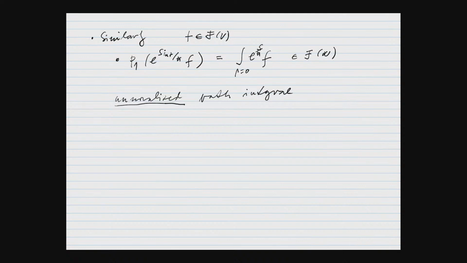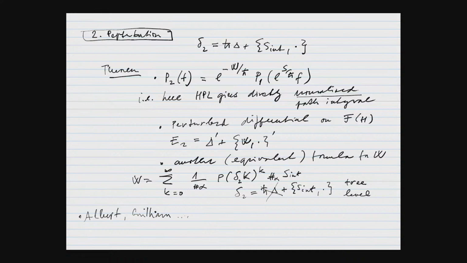You just apply again the formula from the homological perturbation lemma for this new projection, and what you get is the unnormalized path integral, which produces your function on the cohomology. I'm sorry, there should be H on the cohomology.